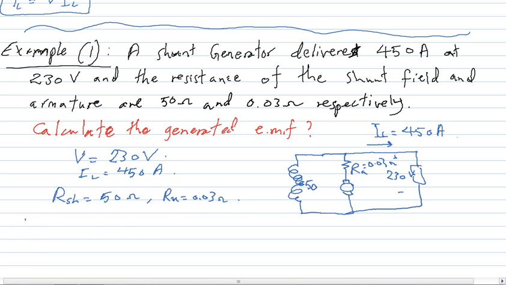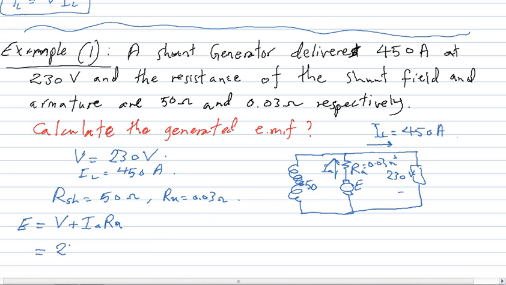He wants the generated EMF. E in this case is equal to V, the voltage on the terminal of the generator, plus the voltage drop on the armature winding. On the terminal there is a voltage of 230, plus the voltage drop on the resistance gives me E, because the current is flowing out of the generator armature winding.